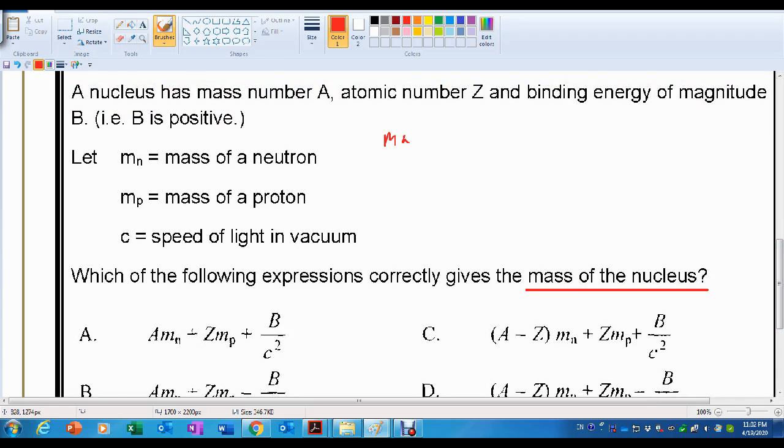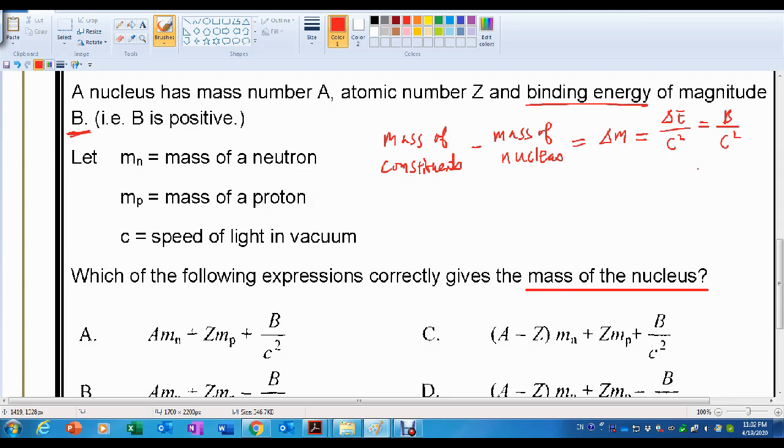So the mass of constituents take away the mass of nucleus equals delta M. And from the formula, binding energy equals delta M times C squared, we change the subject, so delta M is B over C squared, as binding energy is B in this case.